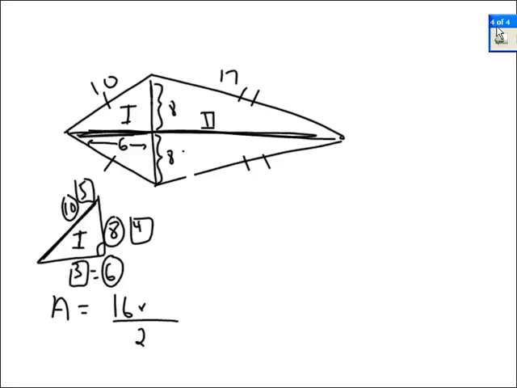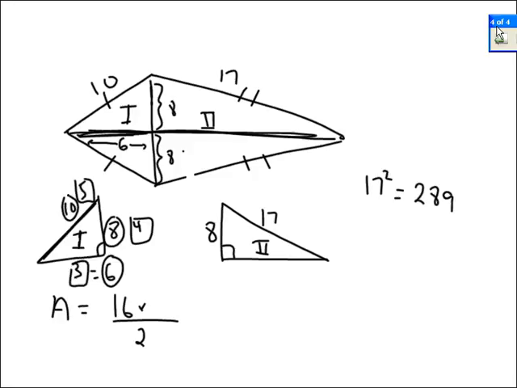Okay, now let's go on to triangle number 2. Right triangle number 2. This is 8. This is 17. 17 squared is 289. And 8 squared, 64.